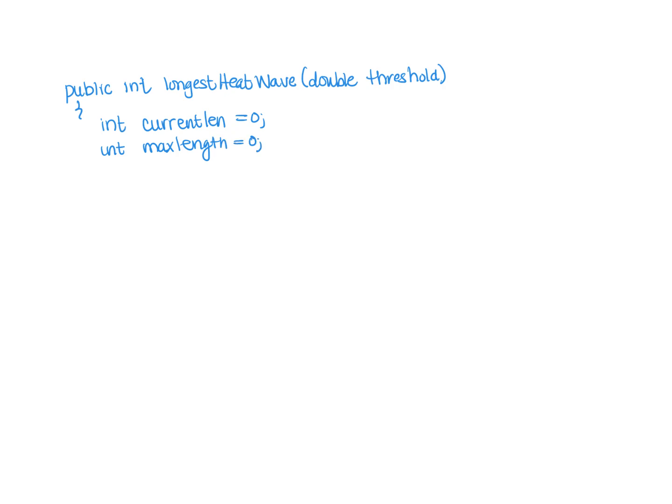So now we're going to traverse our temperatures array. So remember with the enhanced for loop, we put the data type, a temporary name, then the name of the array.